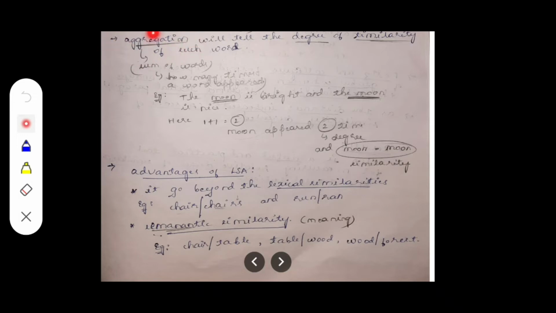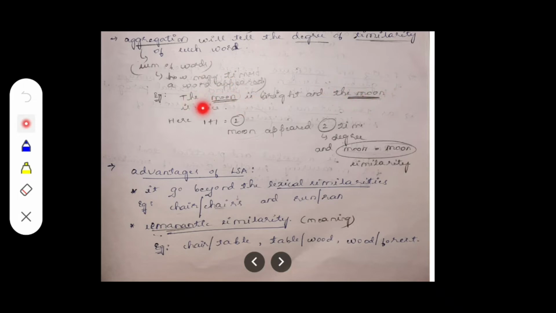Here I'll take one example so that you easily understand what this means. Aggregation is nothing but a sum of words: how many times a particular word has appeared. For example, let us take a simple sentence: the moon is bright and the moon is nice. Here, how many times does the word moon appear?